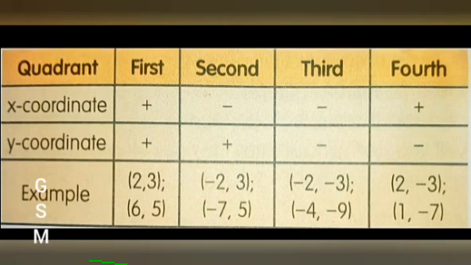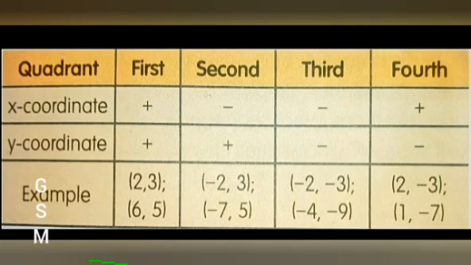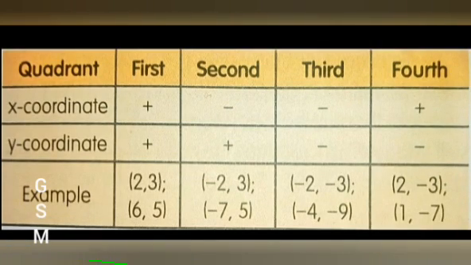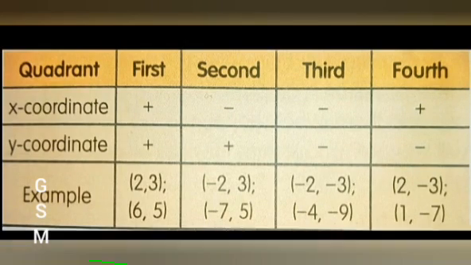In the first quadrant, both the x and y coordinates are positive. In the second quadrant, the x coordinate is negative and the y coordinate is positive. In the third quadrant, the x coordinate is negative and the y coordinate is also negative. And in the fourth quadrant, the x coordinate is positive and the y coordinate is negative.